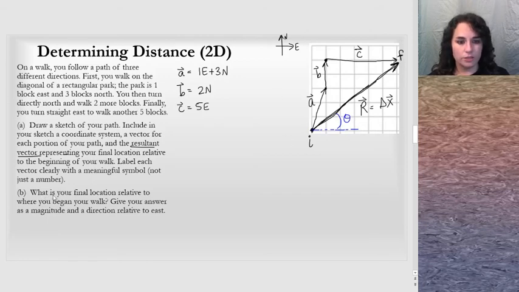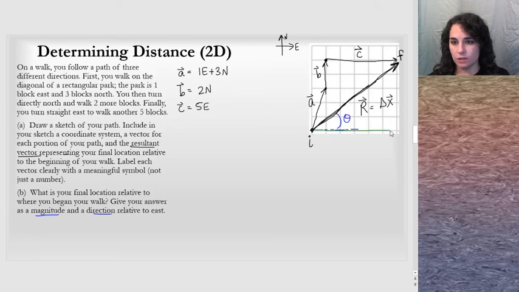And it says, what is your final location relative to where you began your walk? Give your answer as a magnitude and a direction relative to east. So we're going to need to find this angle. Okay, so we know how to add vectors. When I look at this resultant vector, I can note that it has 2 components.